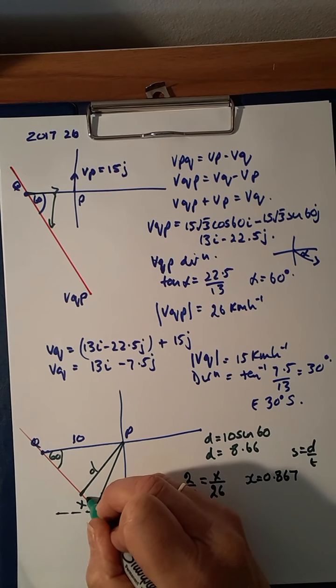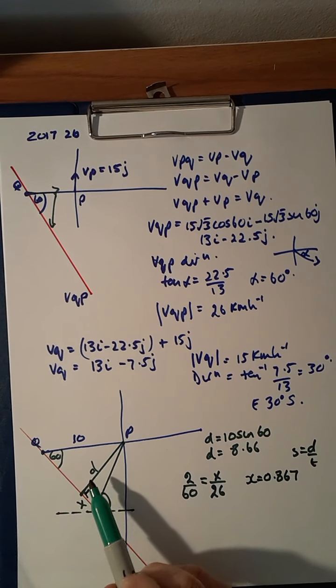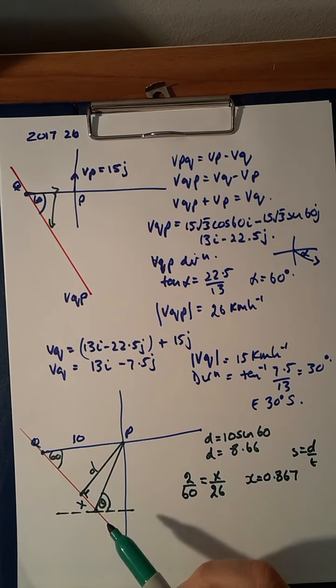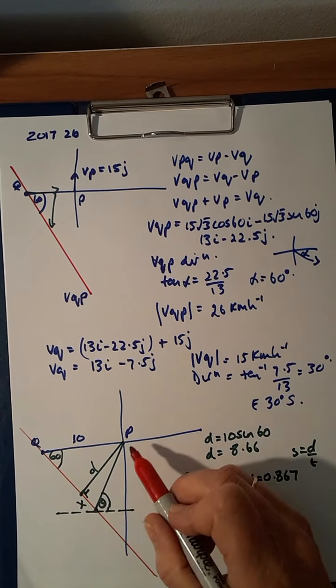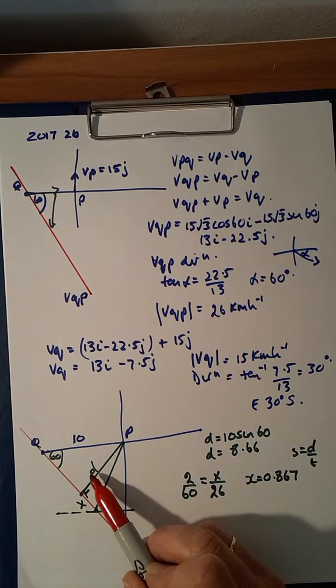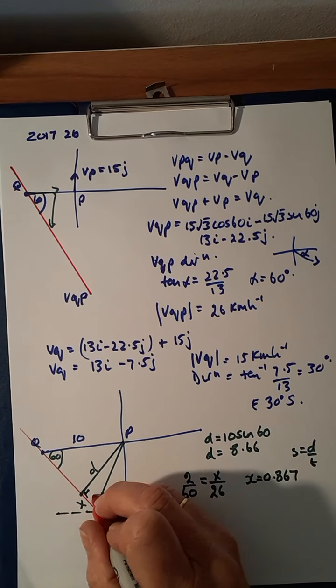Okay, so now we have these two. When we dropped the perpendicular, that was a right angle. So now we have these two distances here, which means that we could find this angle, which is inside that green triangle. So knowing x and knowing d, I could find this angle here. I'll call that alpha.